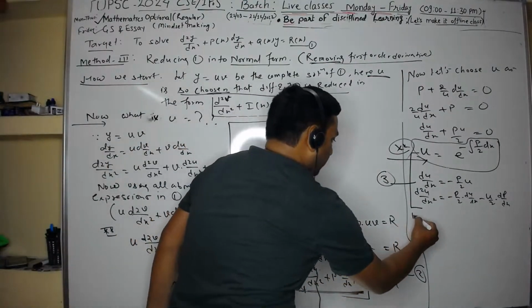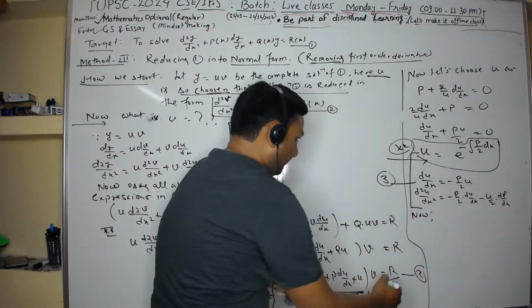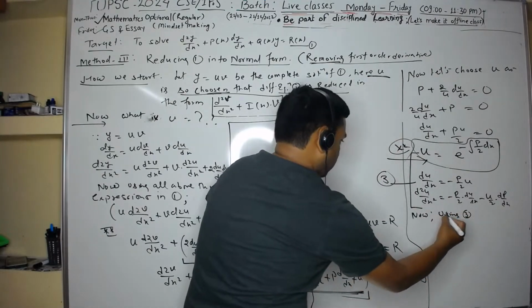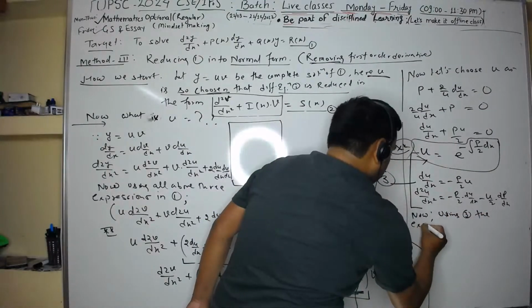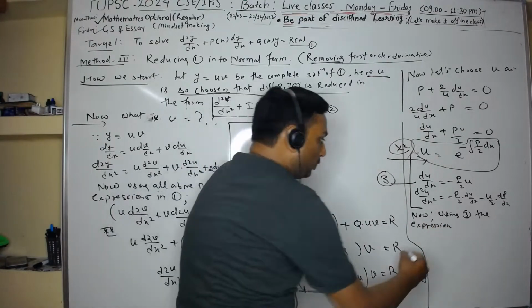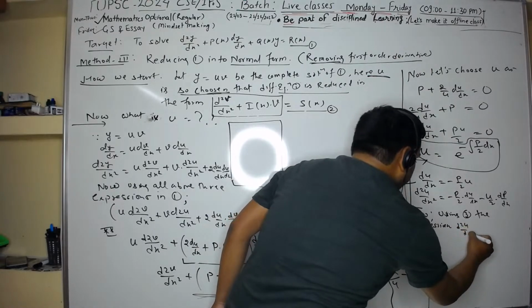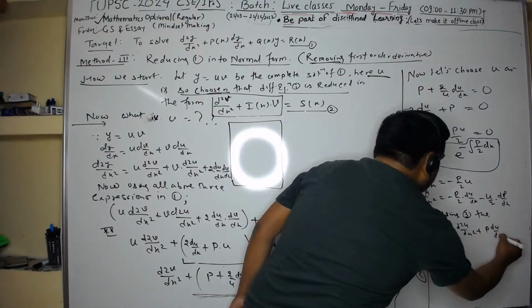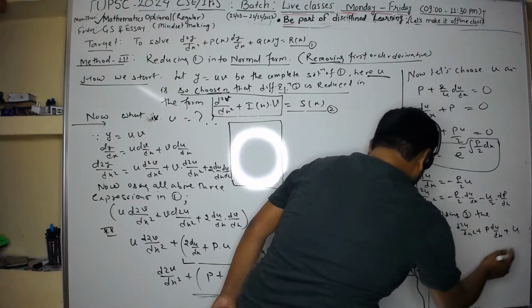Now, using 3, the expression, ध्यान दीजिएगा, d2u over dx square plus p into du over dx plus u.